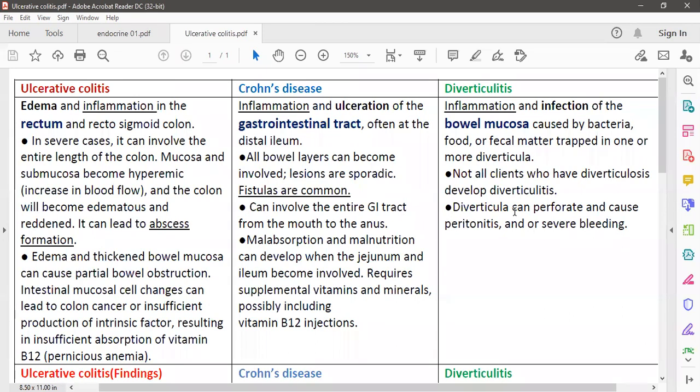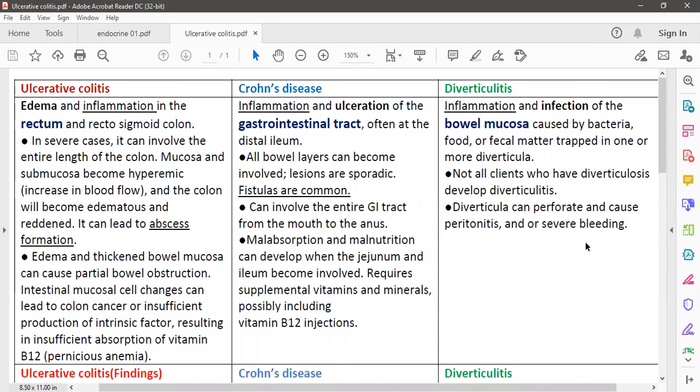Diverticula can perforate and can cause peritonitis, right? Or severe bleeding. So peritonitis is basically a complication of diverticulitis or ulcerative colitis or even Crohn disease.